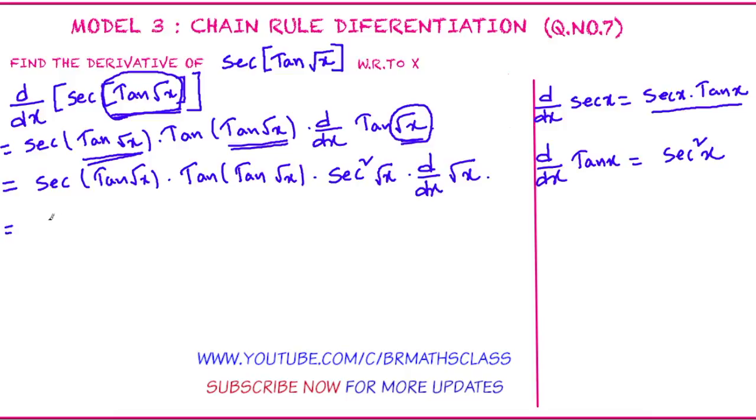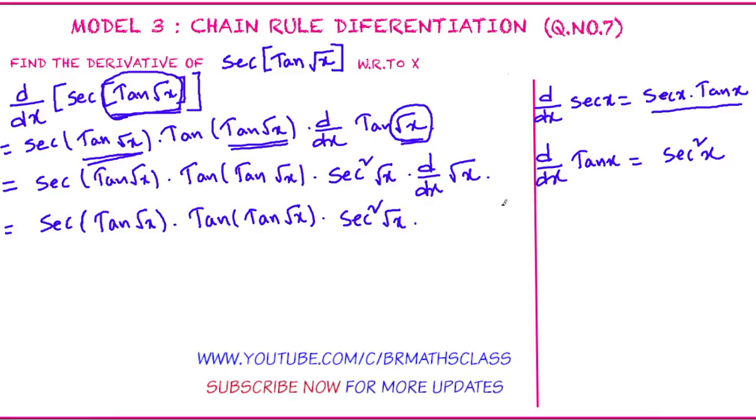Now this equals secant of tan root x into tan of tan root x into secant square root x into the derivative of root x.